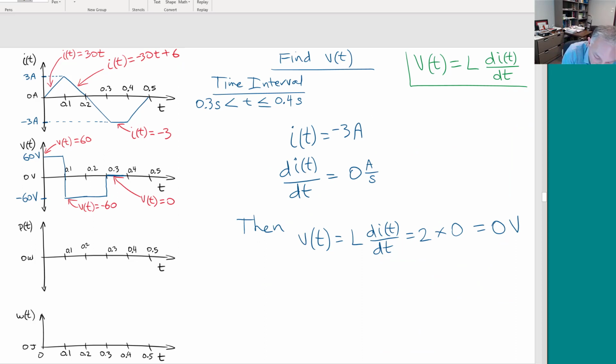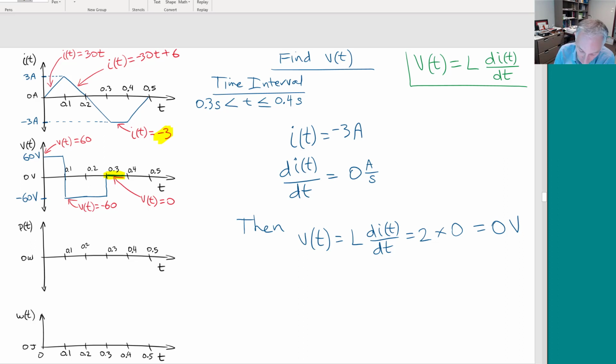Let's do the next one. The next one is this interval here, so that's 0.3 to 0.4 seconds. Here we know that i(t) is equal to 3. We don't need to find the slope. We know di/dt is equal to 0 because it's a horizontal line. It's a constant, and the derivative of a constant is 0.